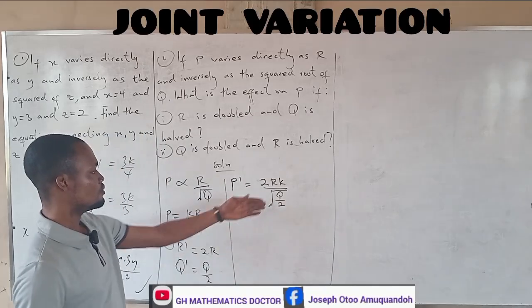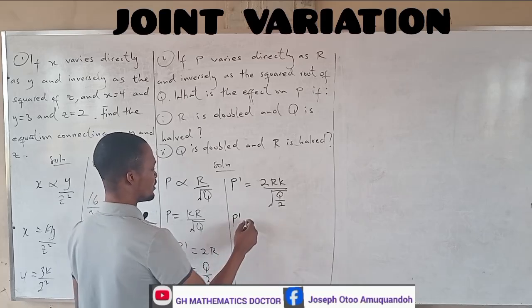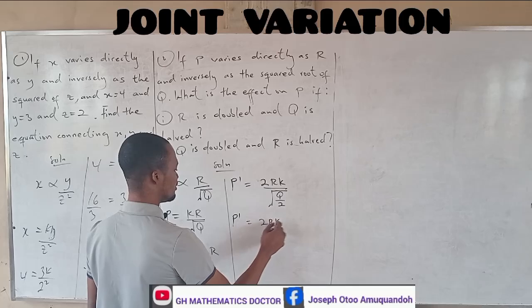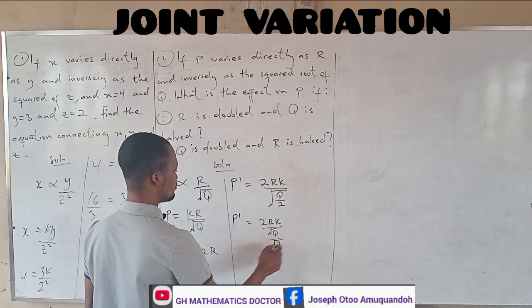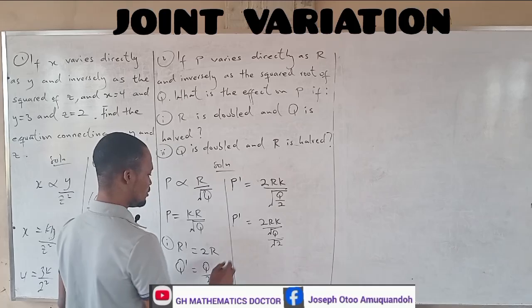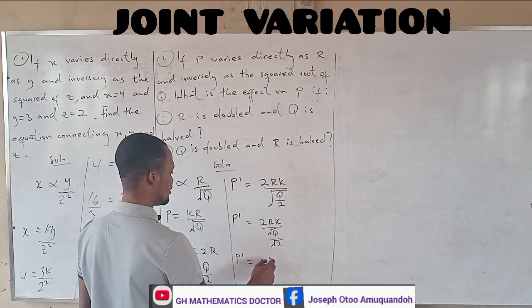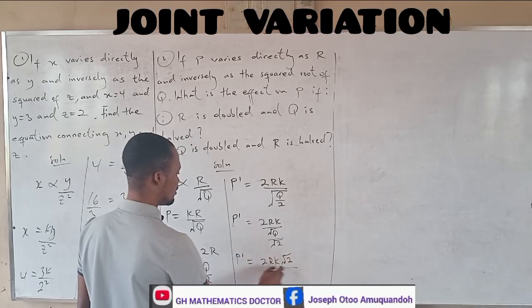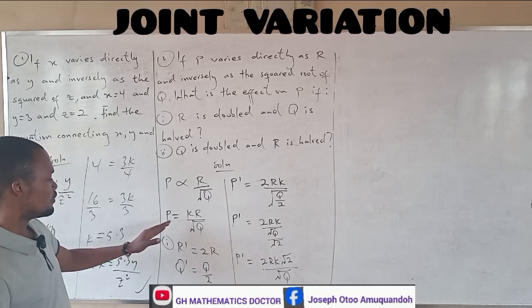All right, so we rewrite this as P prime equal to 2RK over root Q over root 2. So the denominator here will multiply the numerator up here, and we get P prime equal to 2RK root 2 all over root Q. Then try to rewrite this to look like the original relation.